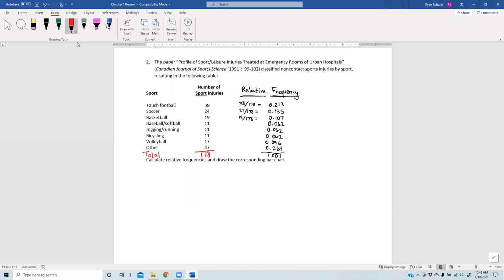Well, it should, but we're off due to rounding error.